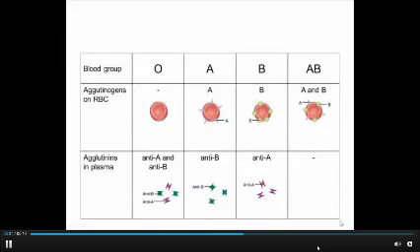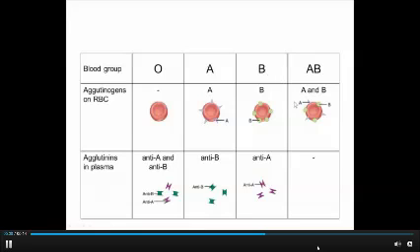To put it all together, if you have a blood type O, your red blood cells have no agglutinogens or antigens, but the plasma contains antibodies or agglutinins, anti-A and anti-B type. If you have blood type A, your red blood cells are equipped with antigens or agglutinogens of type A, and plasma contains anti-B agglutinins.